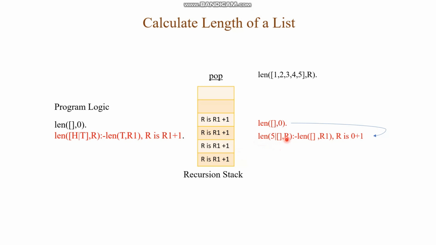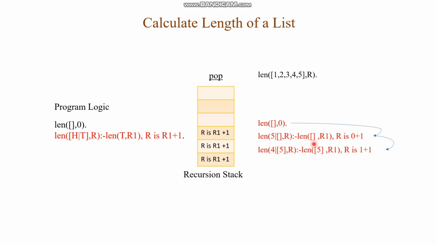It will continue to the caller who called this function recursively with only one element. So let us pop one from the stack, and here we could see that len [5] R1 was called by len [4, 5] R.